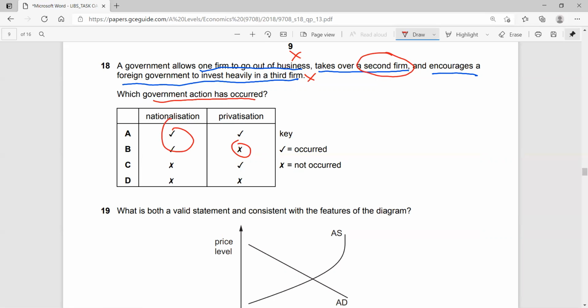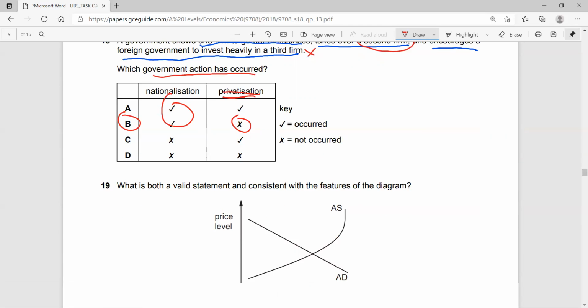Well, not really nationalization, but more of private sector ownership going to government or state ownership, just another state in this case. But for privatization, you need something more related to a firm or an industry that's owned by the state, which is then becoming owned by the private sector. That's not happening here, and thus there's no privatization in these three examples. So you can pick 18B.